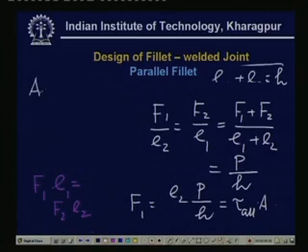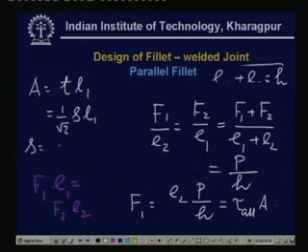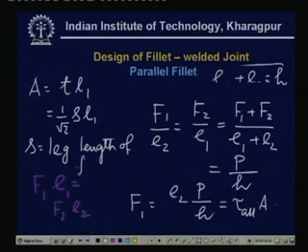So this area will be equal to T times L1, and if the leg length is S, then T will be equal to 1 upon root 2 times S, so the area is 1 upon root 2 S L1, where S is the length of the fillet. So, from this relationship we calculate the value of L1 and similarly the value of L2.